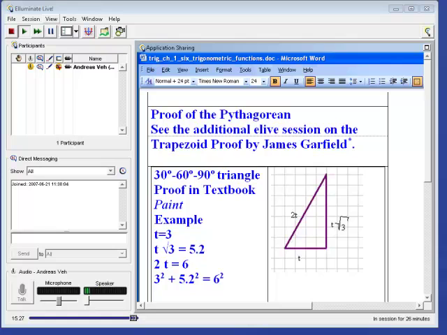I'm just going to do it on the side here. Square root of 2, oops, 4.2 rounded. And again, the Pythagorean would look like this: 3 squared plus 3 squared equals 4.2 squared. And with that, we're concluding the lecture on this first section.